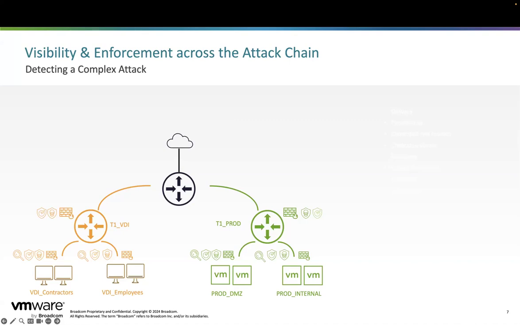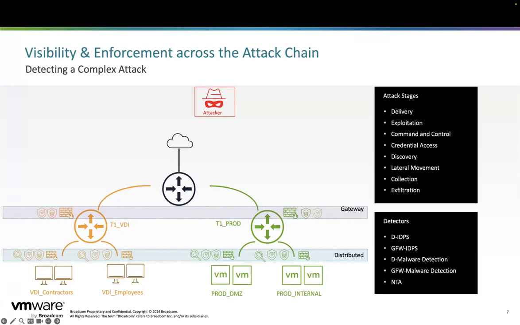In just looking at this diagram, you can see the levels at which we can apply security. We're building a defense in-depth strategy by having these different enforcement points in the organization.